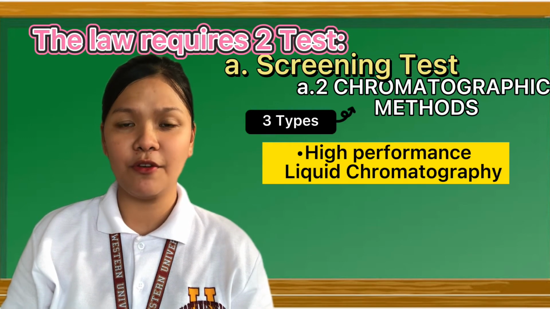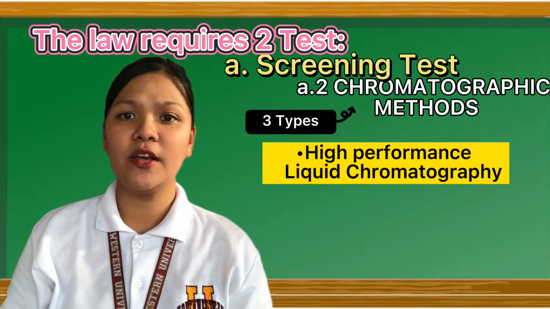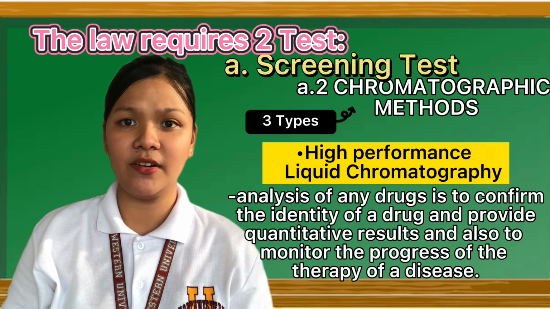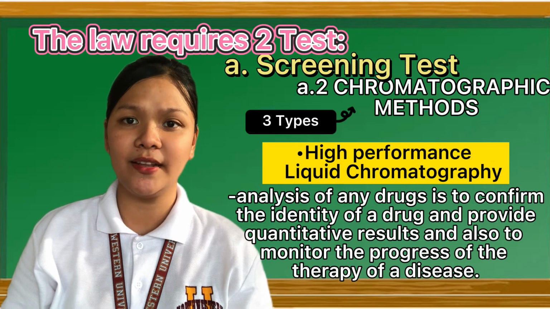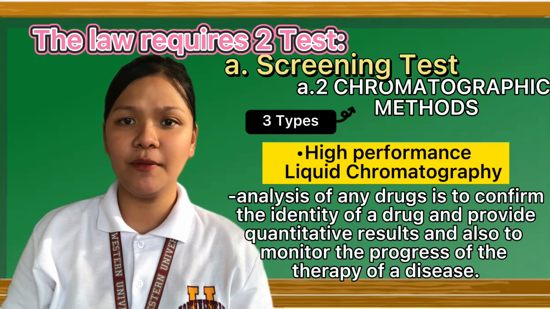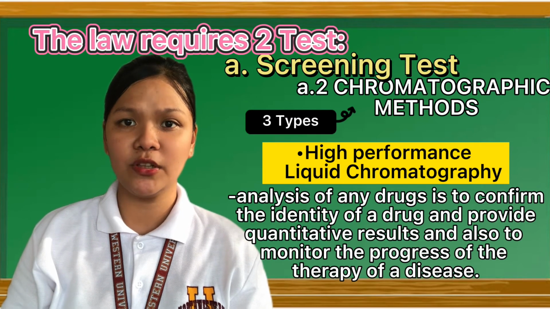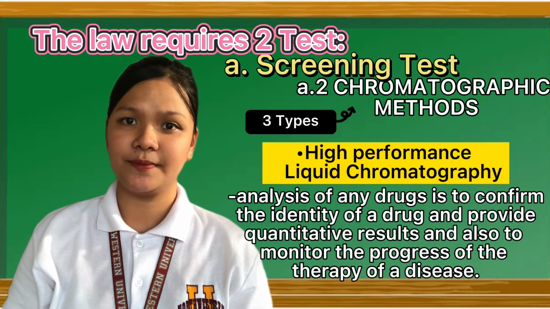The purpose of high-performance liquid chromatography analysis of any drugs is to confirm the identity of a drug and provide a quantitative result, and also to monitor the progress of the therapy of a disease.